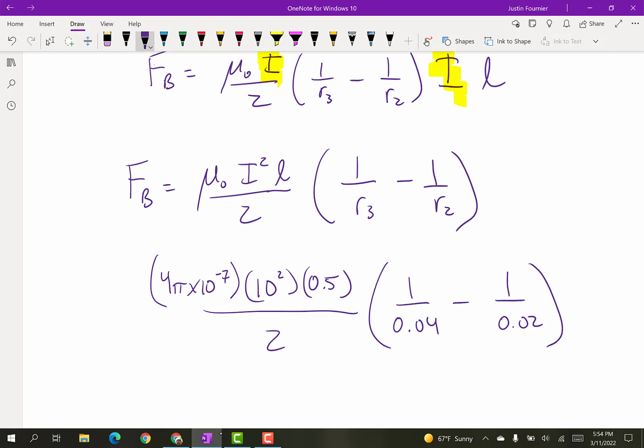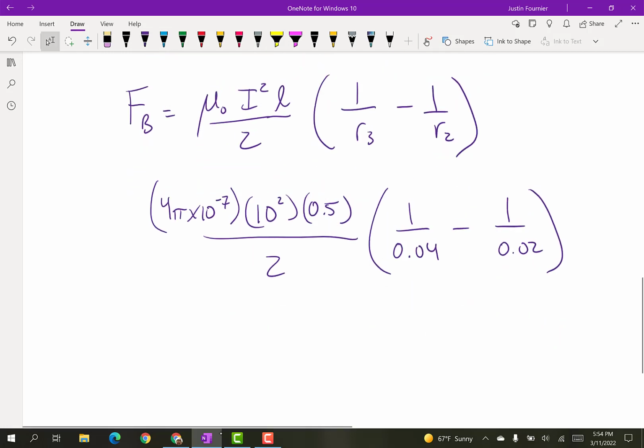I am getting a magnetic force of 7.86 times 10 to the negative 4. And that's newtons. And that's the magnitude of that.